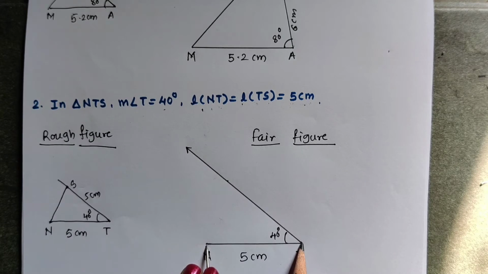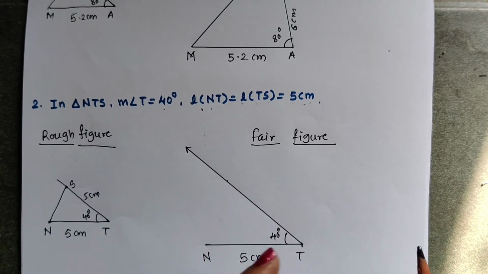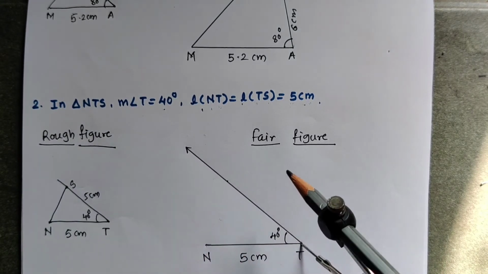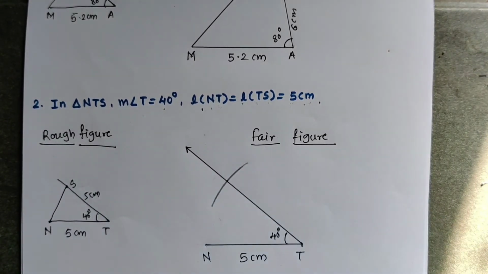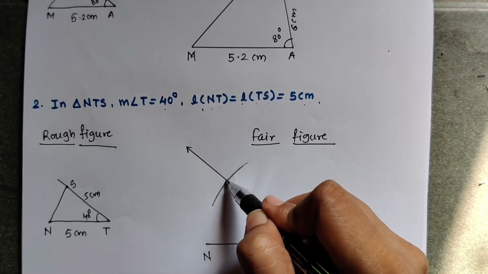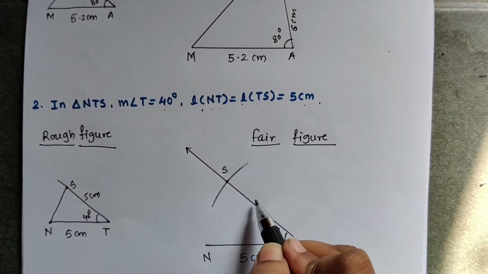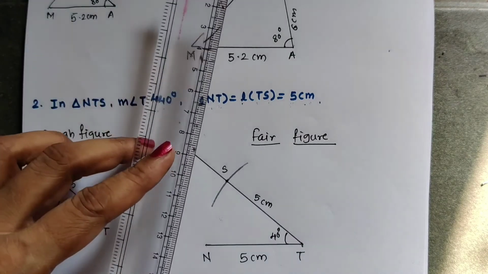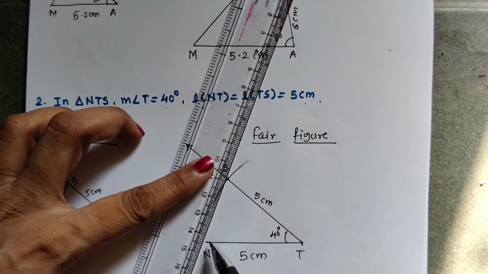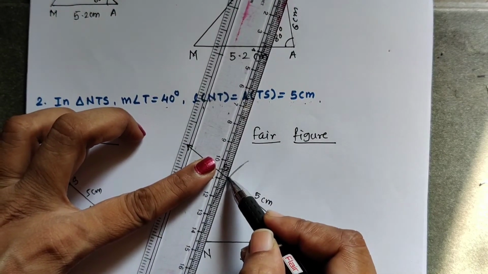In my compass also I have taken the distance of 5 cm. Placing this pointer on point T, I can draw an arc on this ray, and in this way we have fixed point S here, which is 5 cm from T. Now we can join N and S to complete the construction of triangle NTS.